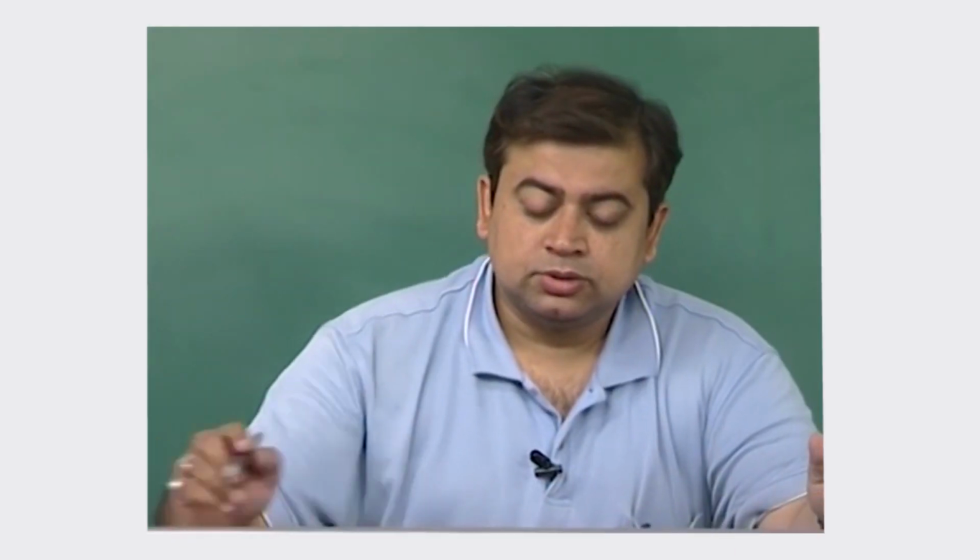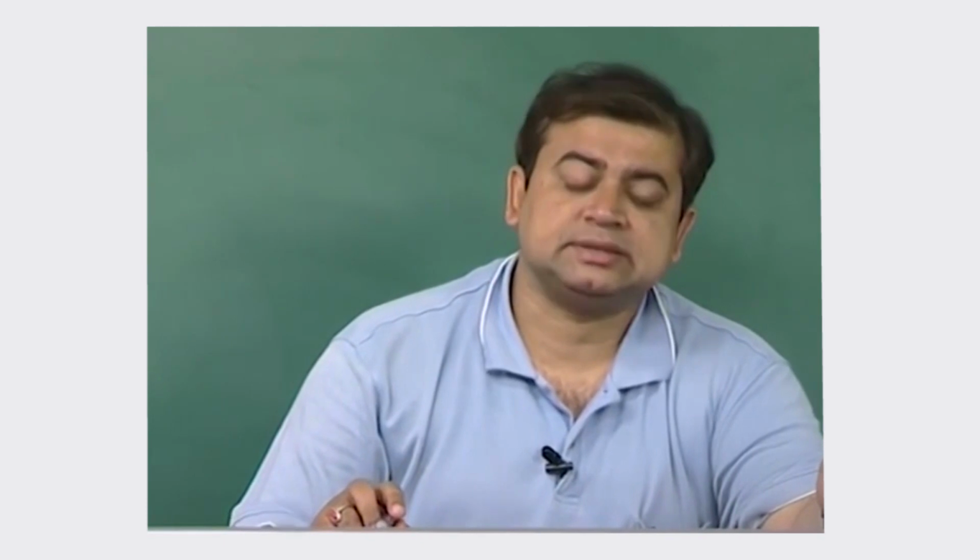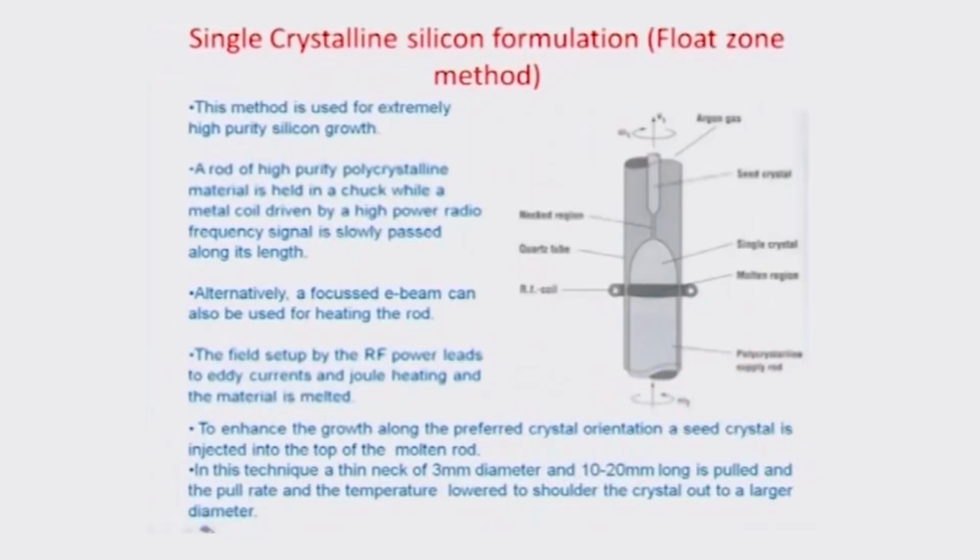Okay. So, the other method which is of some prominence is called the float zone method, which is again another very important method for realizing single crystalline silicon. So, in this particular method, also called the float zone method, it is basically used for extremely high purity silicon growth.